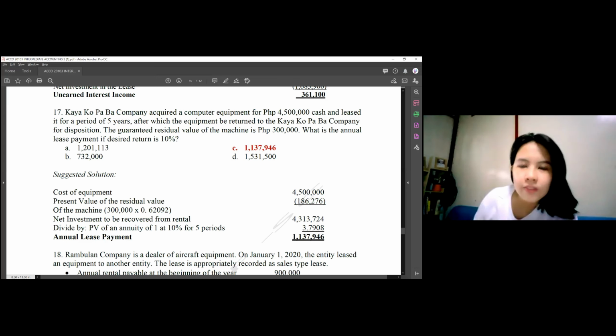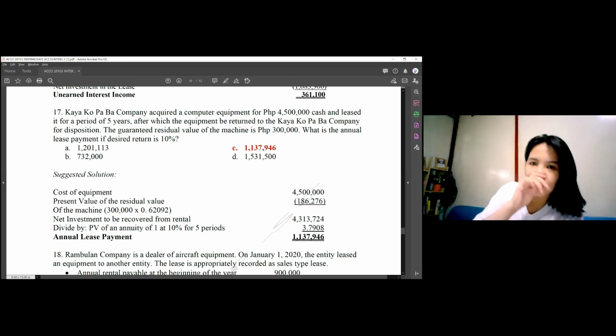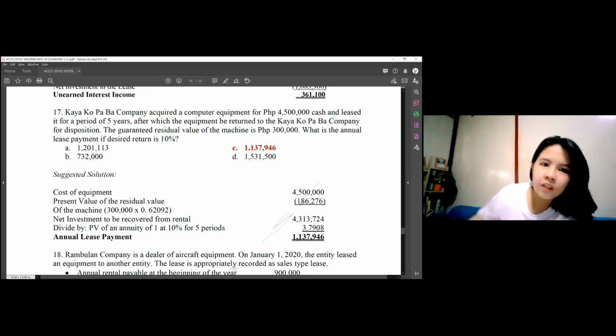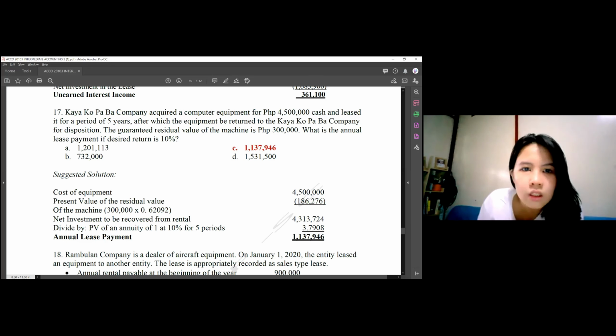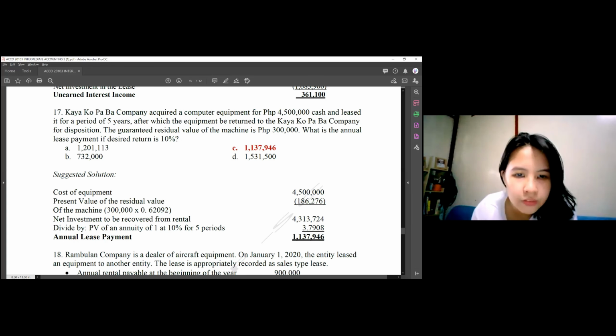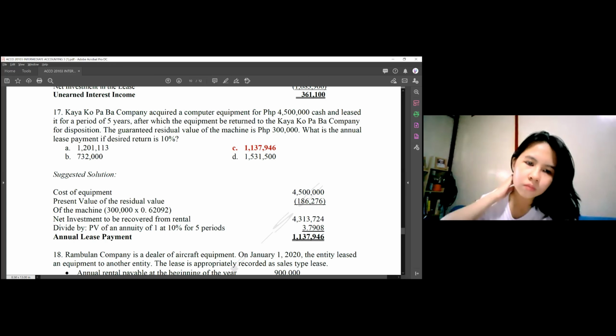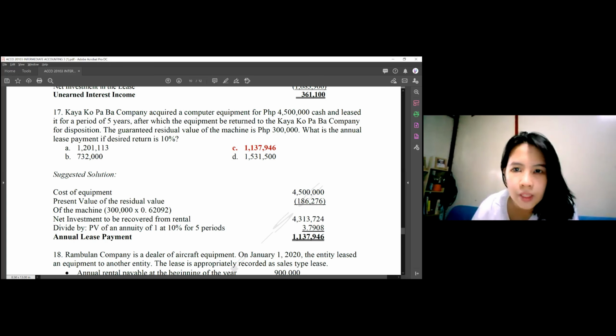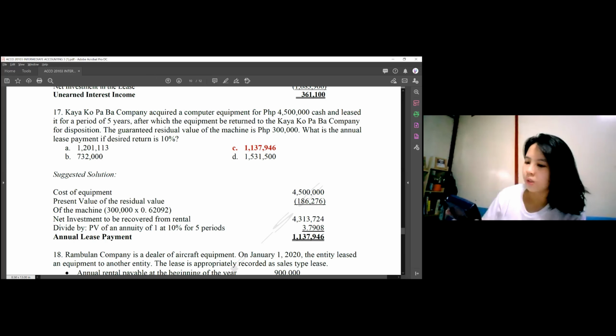Okay, so let's start with the cost of equipment. That's 4.5 million. Okay, and then the present value of the residual value of the machine. Okay, so let's compute for the value of 10% for 5 years. 1.1.